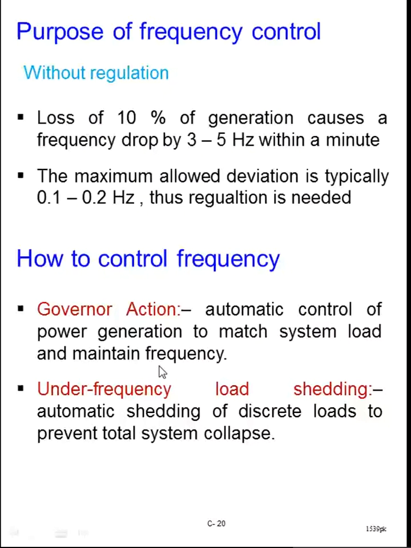Second way is that if you feel that you are not able to meet the increased demand by the available generation, including the spinning reserve, then in that case, we have the use of automatic relays actually. And these relays are actually tuned to automatically cut out the load in a discrete form.